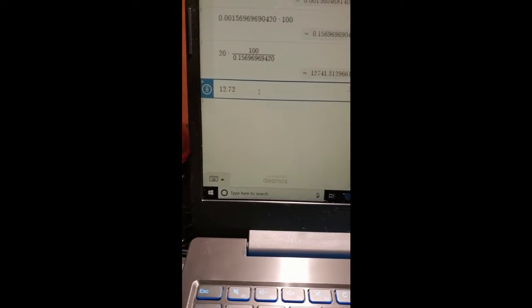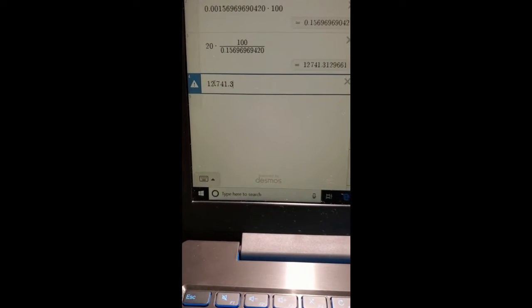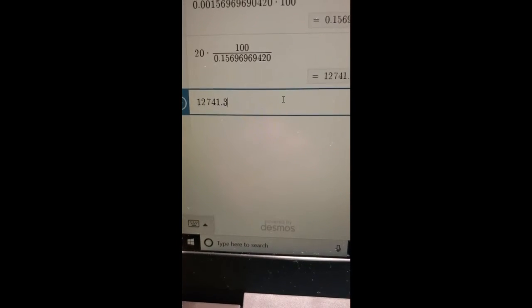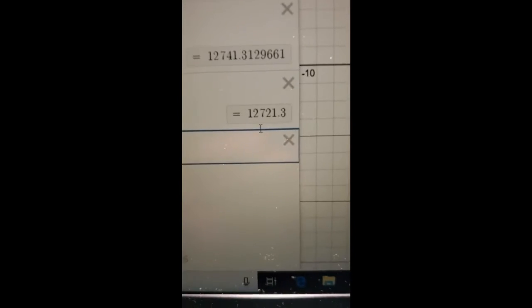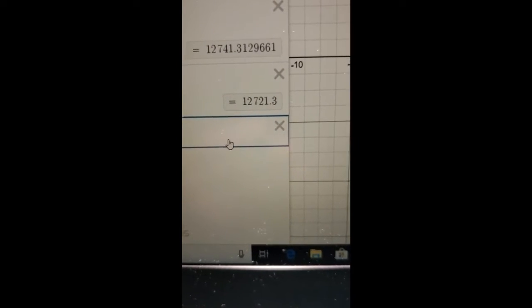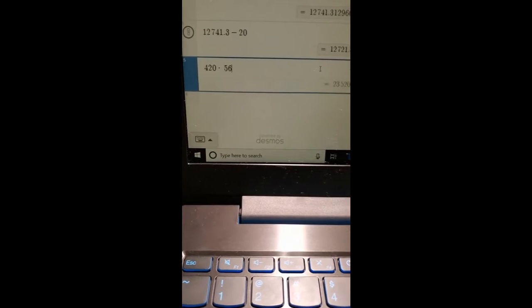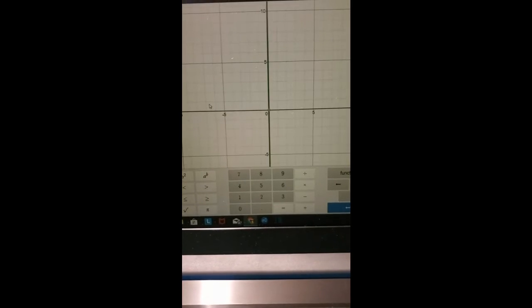We get 12.741 right there, and we're going to subtract that 20 pounds, and that's how much his shirt weighs. He weighs 12,721 pounds. Knowing this, we can then calculate with our basic formula times, obviously, and if we do it correctly, we get an answer.